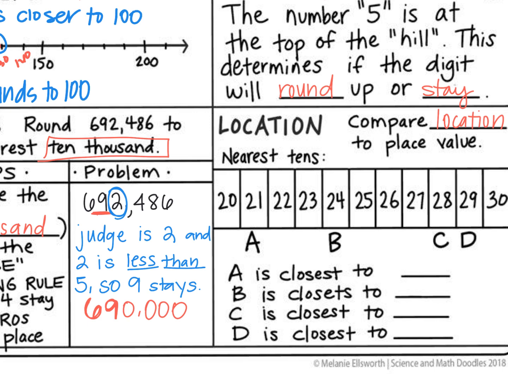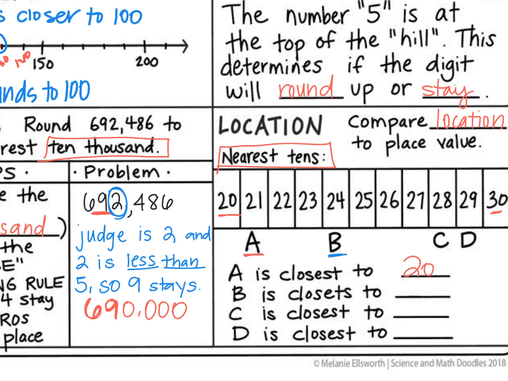So if I'm talking about nearest tens, looking at all of these numbers, if I were to have them listed out just like I do, and I wanted to identify A and figure out what A is closest to, I could just look at where it's located. A is closest to 21. 20 or 30. Remember, it's nearest tens. So is it closer to 20 or 30? It's closer to 20 because of location.